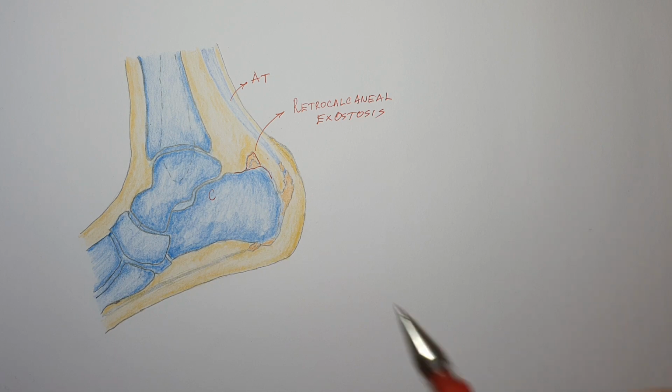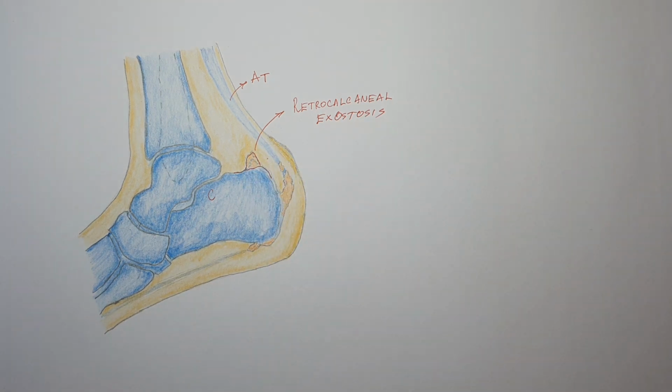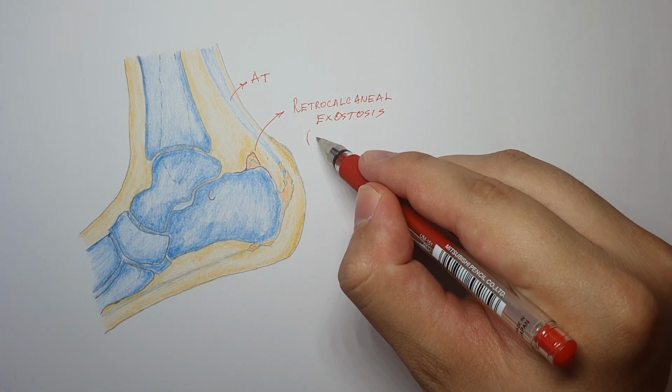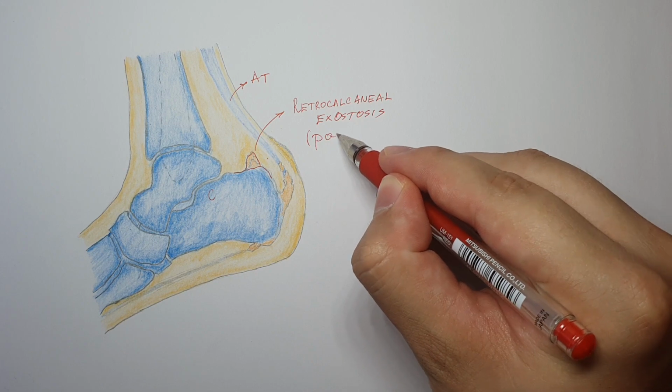Often, pain in this region, pain in the posterior heel, is the presenting feature of this disease.